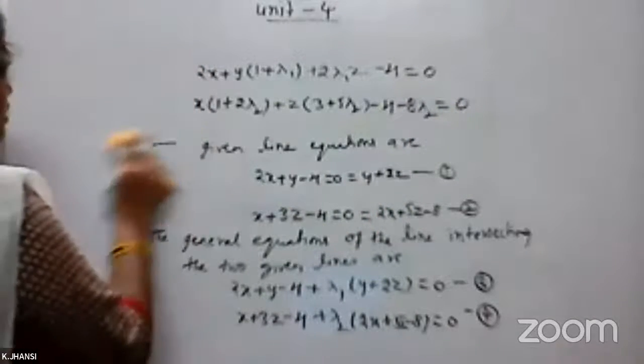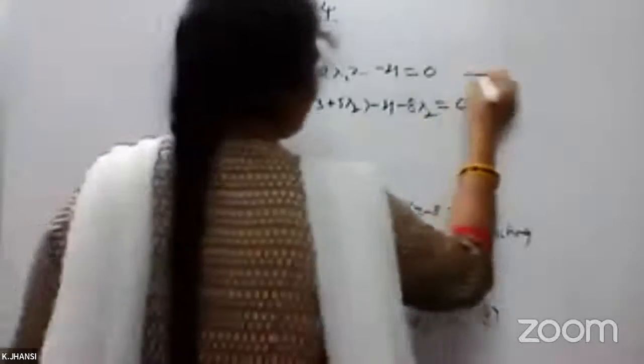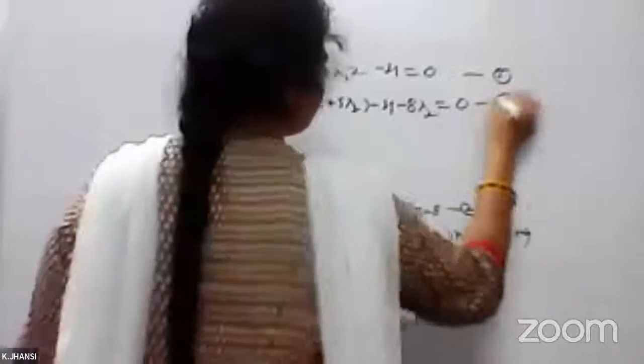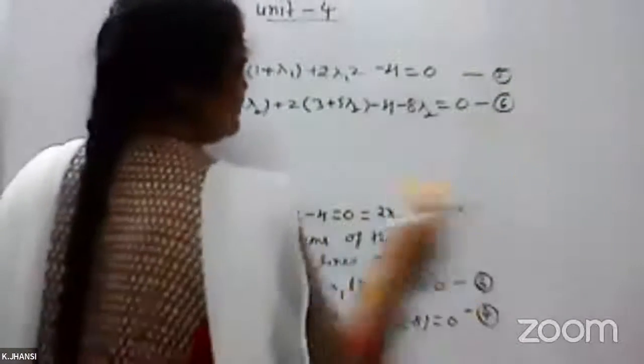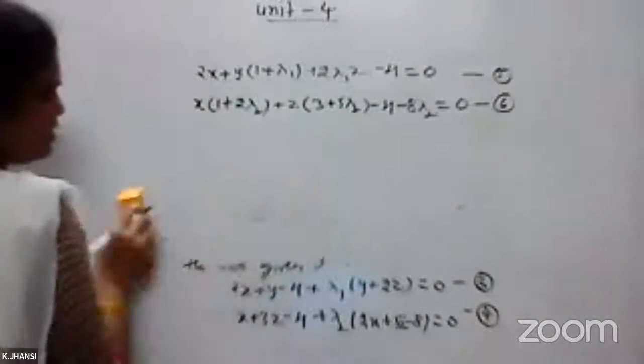So for these two equations, 3 and 4, you can take these as 5 and 6. Now take whatever point is given in the question.